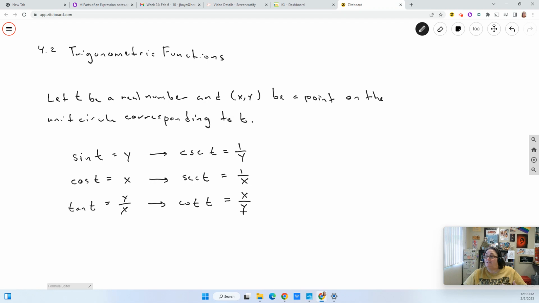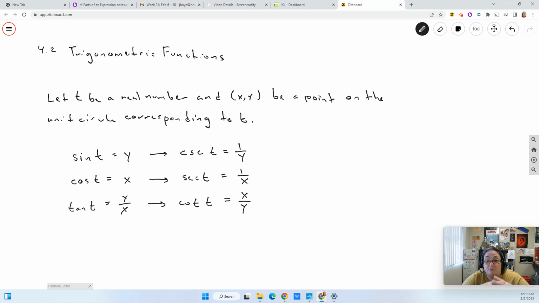So these are important pieces of information because if you're asked to evaluate any of these, if you know a point value of something, you can find the exact value of sine of t, cosine of t, tangent of t.